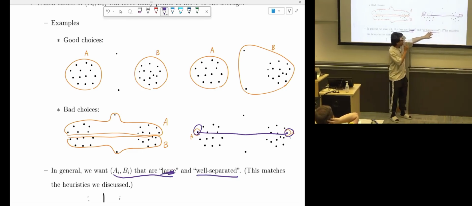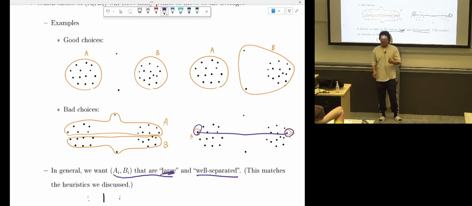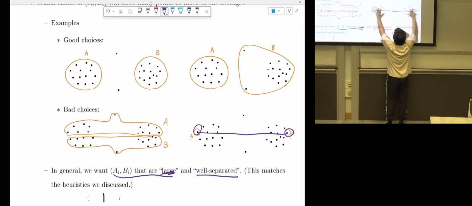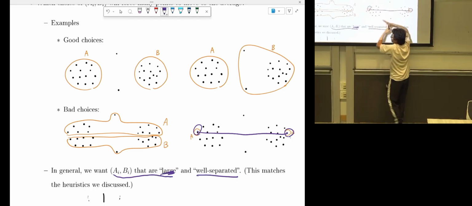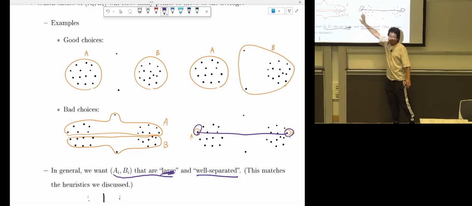And when they are well separated in this geometric sense, it really means that there is some sparse cut between them. Why? Because the reason they are far away from each other, well separated, is that there has not been probability mass moving between them.